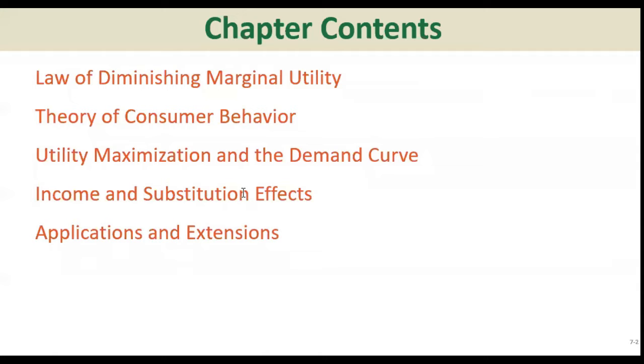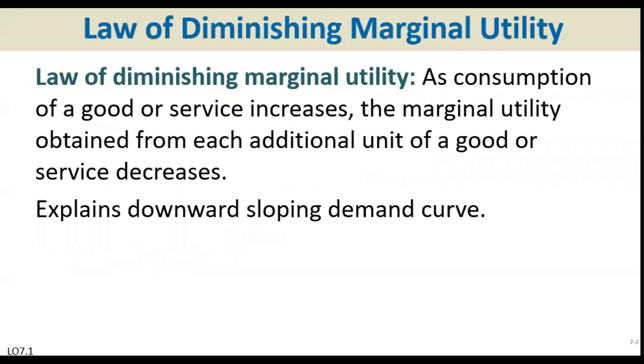Utility maximizing and demand curve will be explored as well. The relationship between the income and substitution effect will be brought back to light as well. And at the end, we'll see some application and extension of the theory.